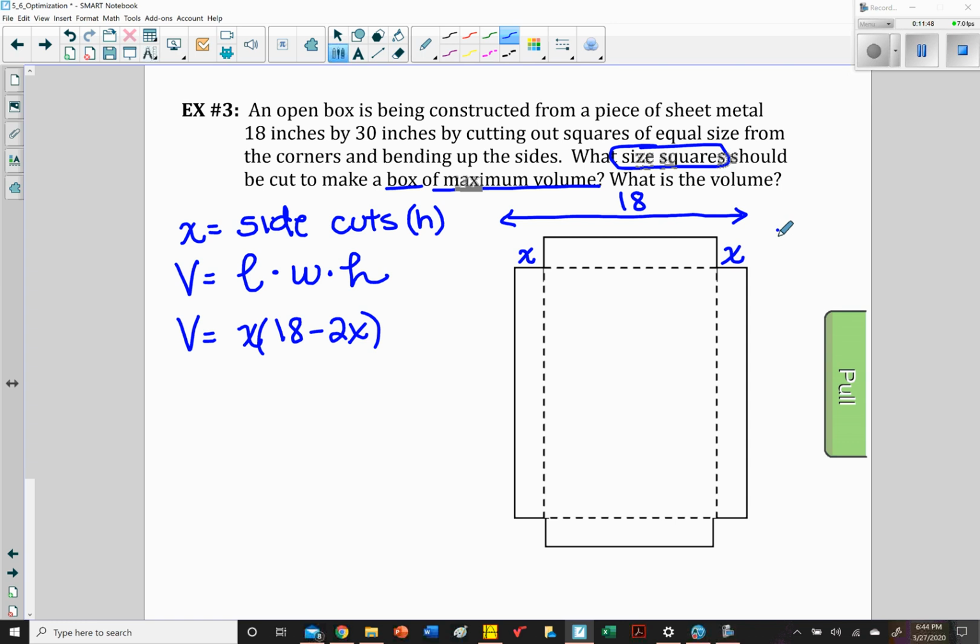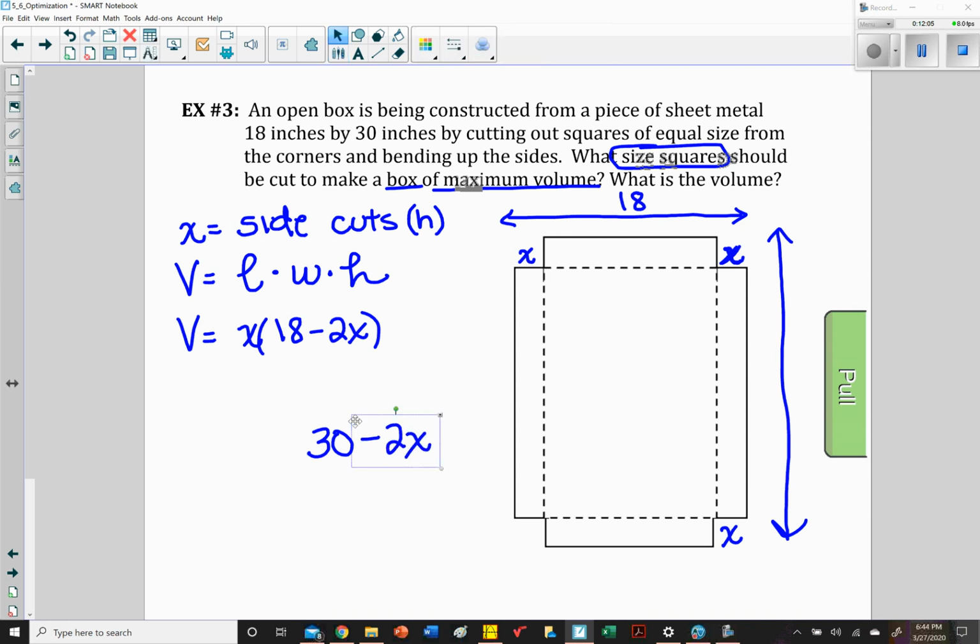And then we have the length going this way. That sheet metal is 30 inches long, and we're cutting out an X here and an X here. So we have 30 minus 2X for that dimension.